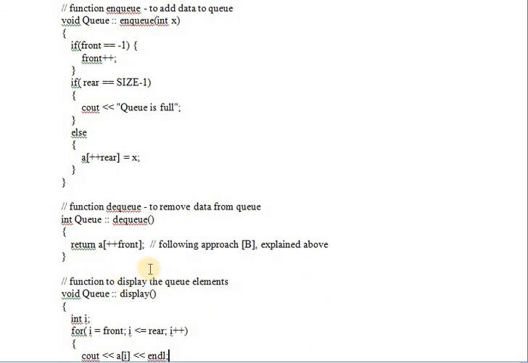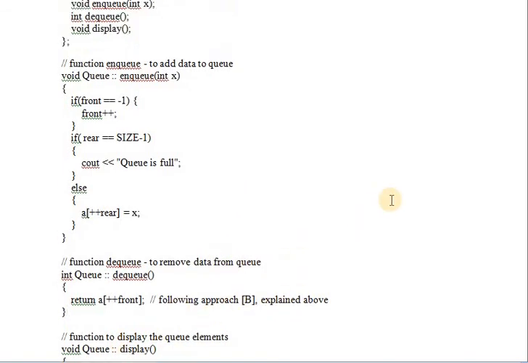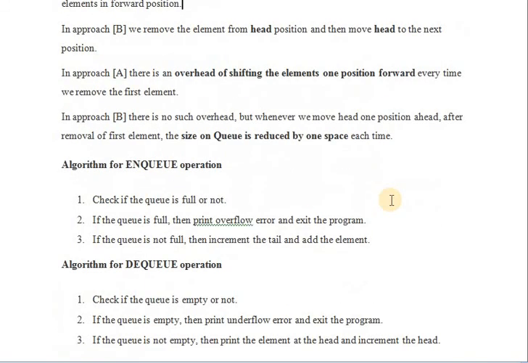Now the function to display the q elements. We have inserted the element, that is, we have added the element to the queue, and we have removed the element from the queue. This is the explanation given above. You go through it.